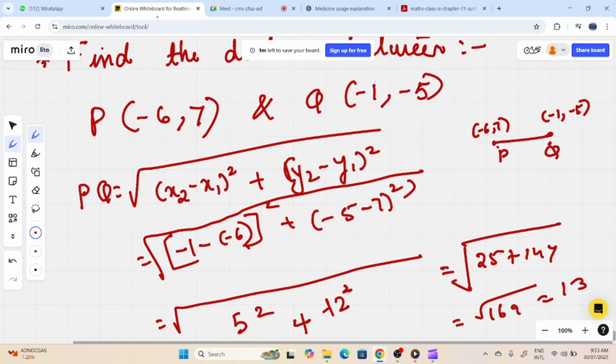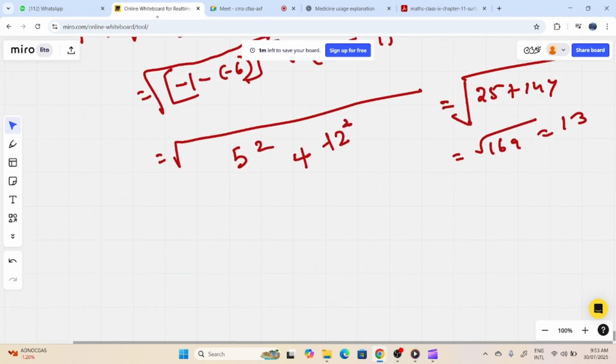Because minus 5 square is 25, right, Ibrahim? Minus 5 square has to be positive 25, no? Minus into minus. Right? Yes, ma'am. Basically, integers chapter.